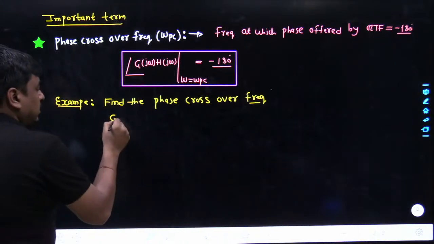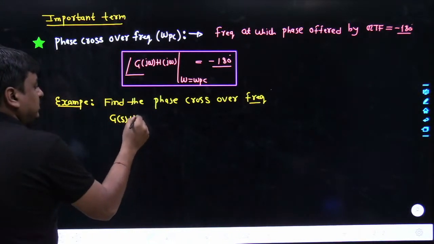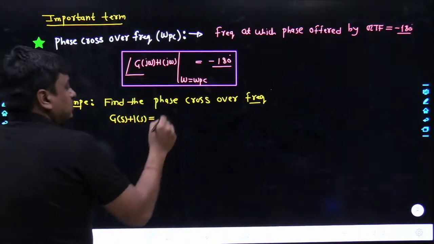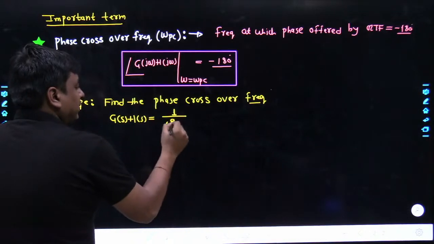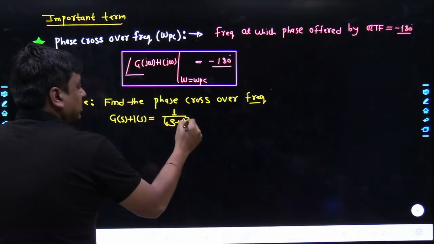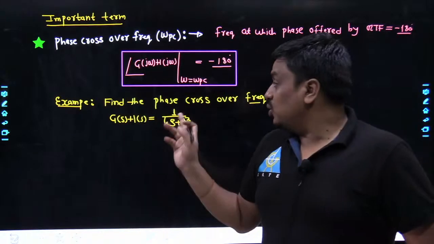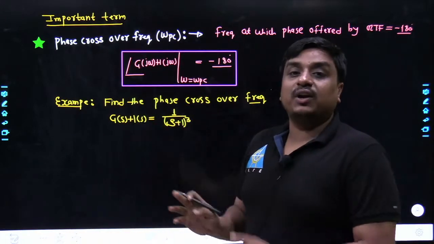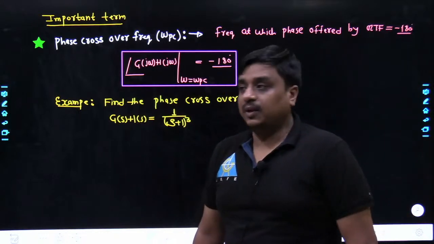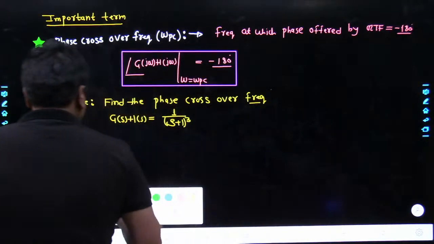Let's take the OLTF G(s)H(s) equals 1 divided by (s plus 1) to the power of 3. I need to find the phase crossover frequency for the given OLTF. Anyways, go ahead with this solution.